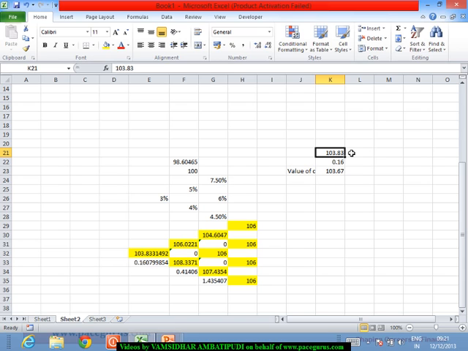Or the other way of doing the same thing is, because the bond can be callable here, what you can do is find the price of the bond.